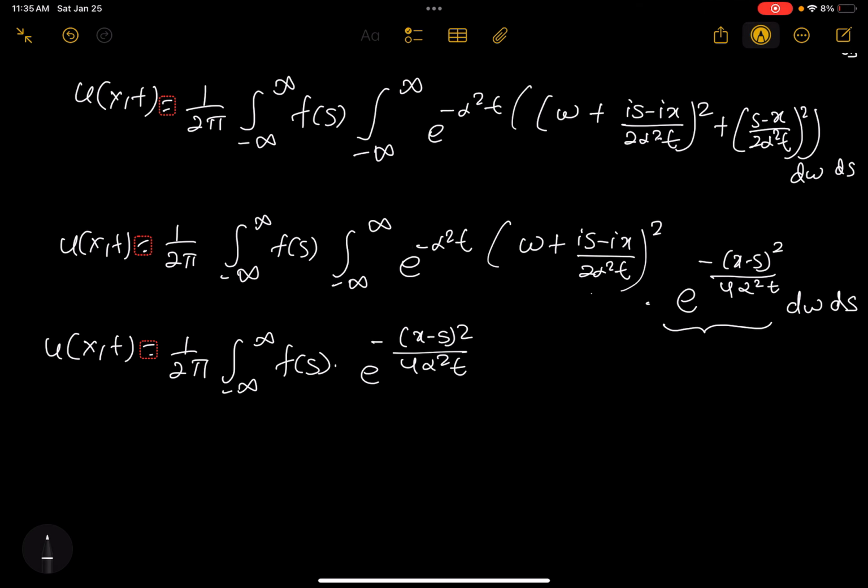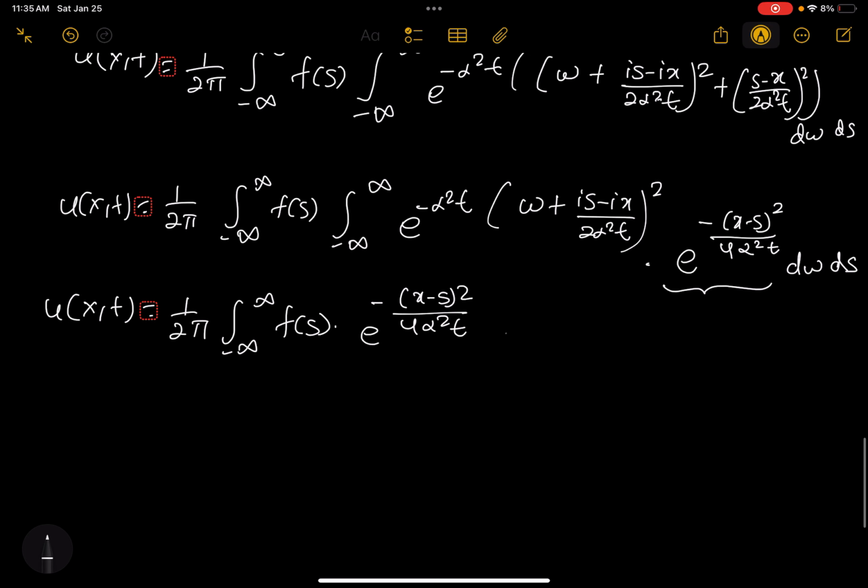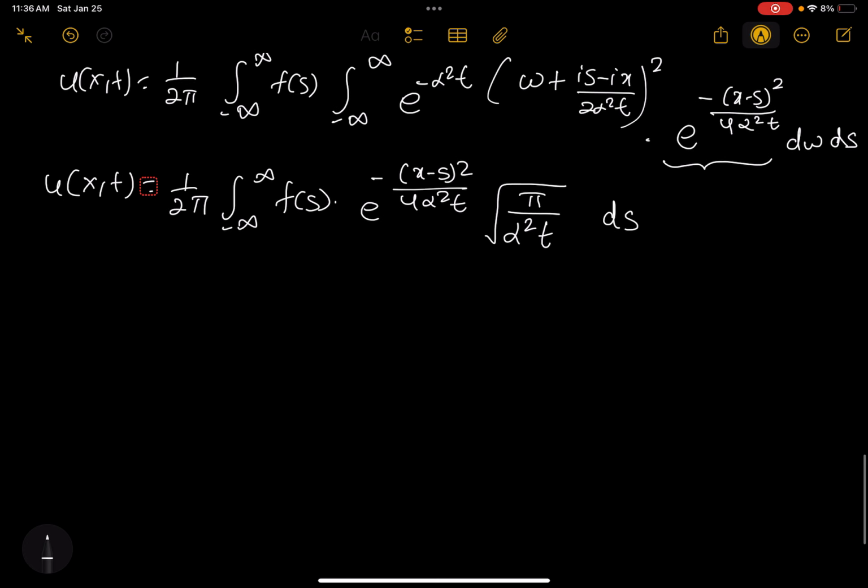So this is a constant, doesn't really matter. We know that the integral of e to the power minus a omega square d omega is just root pi by a. So that's the same thing, where a is just alpha square t. So that simplifies a lot, and then this is in terms of ds now.